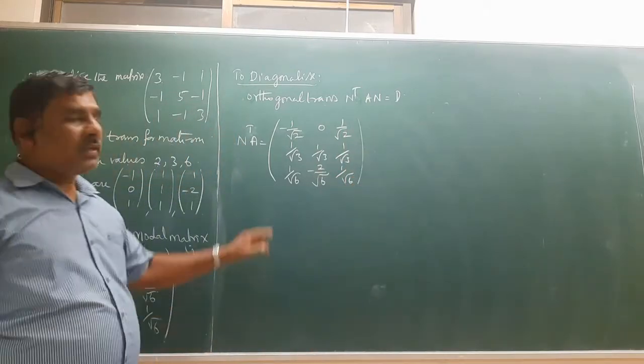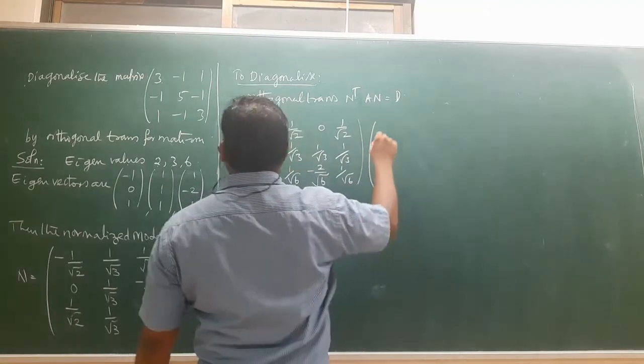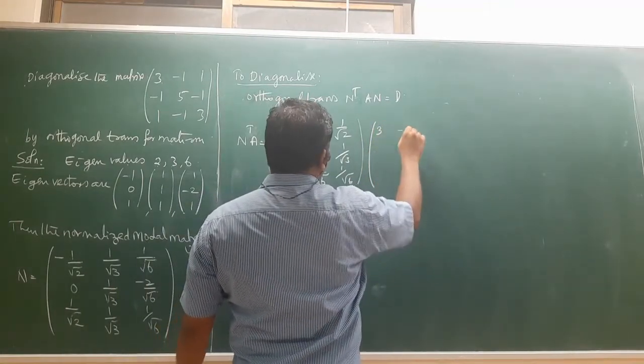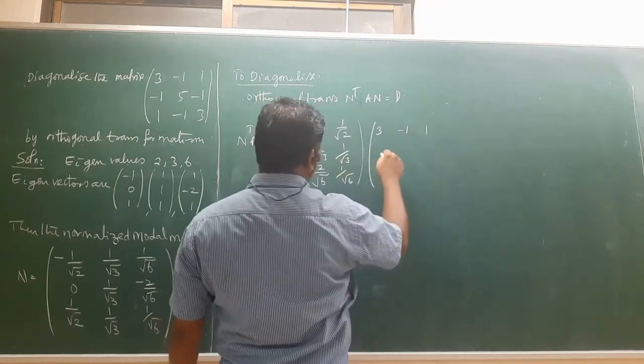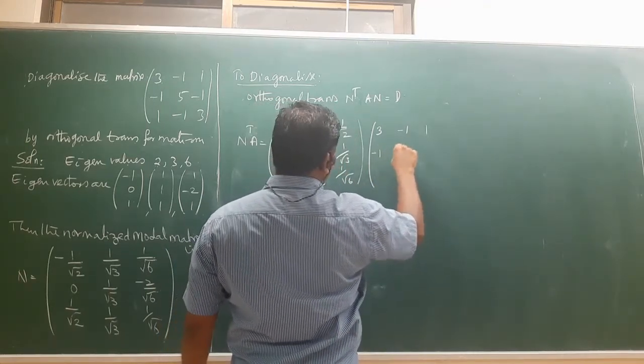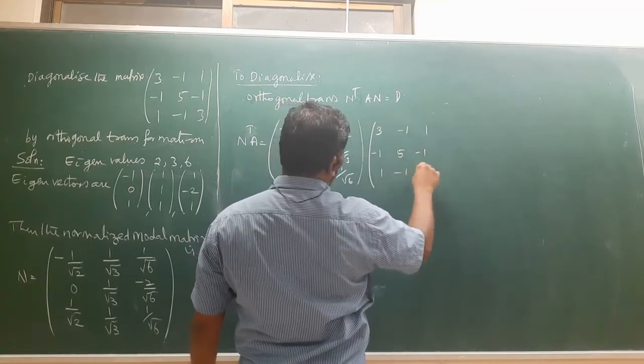Multiply with the given matrix A. So what is the matrix here? 3 minus 1 1, minus 1 5 minus 1, 1 minus 1 3.